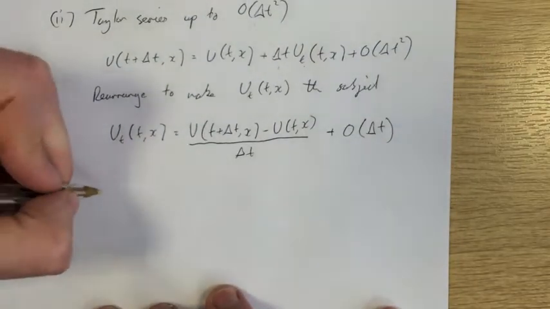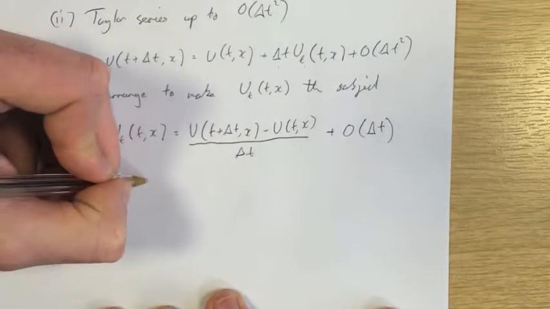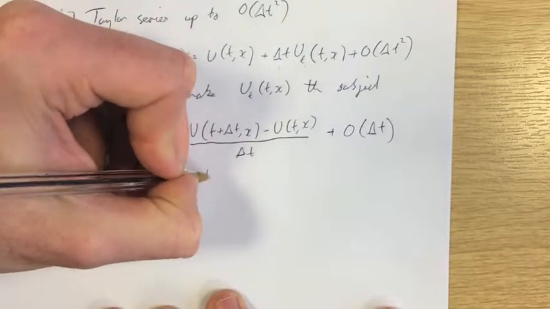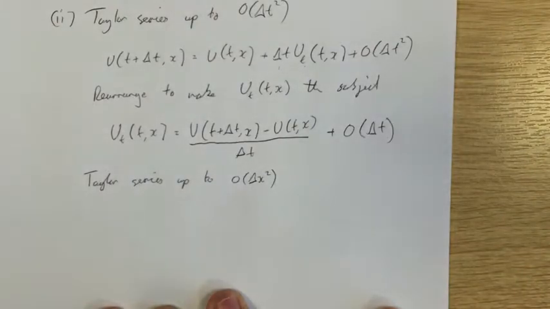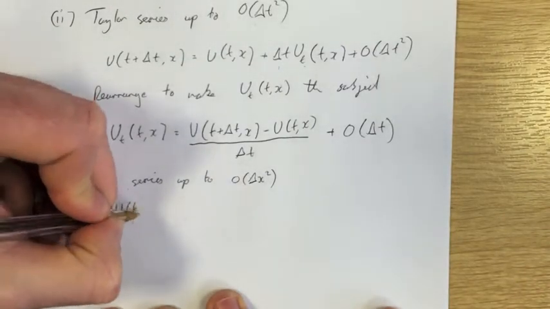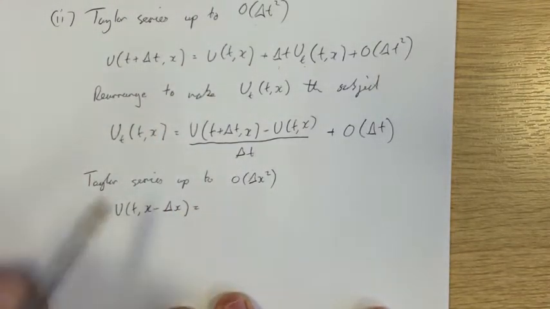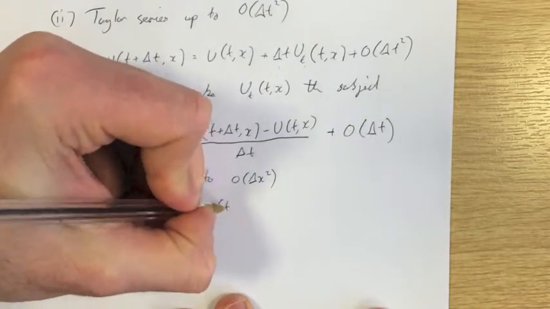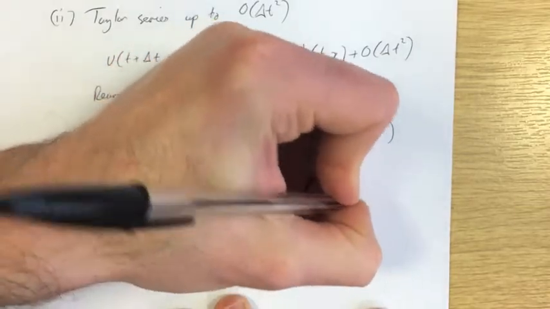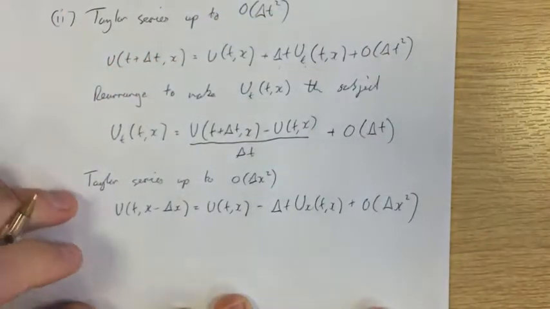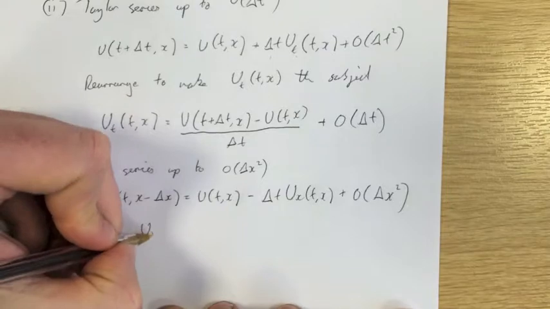To do the backward approximation of the derivative with respect to x, I'm going to do something similar, but in terms of x, so u at x minus delta x, because I'm using a backward difference. Again, rearrange to make this term the subject.